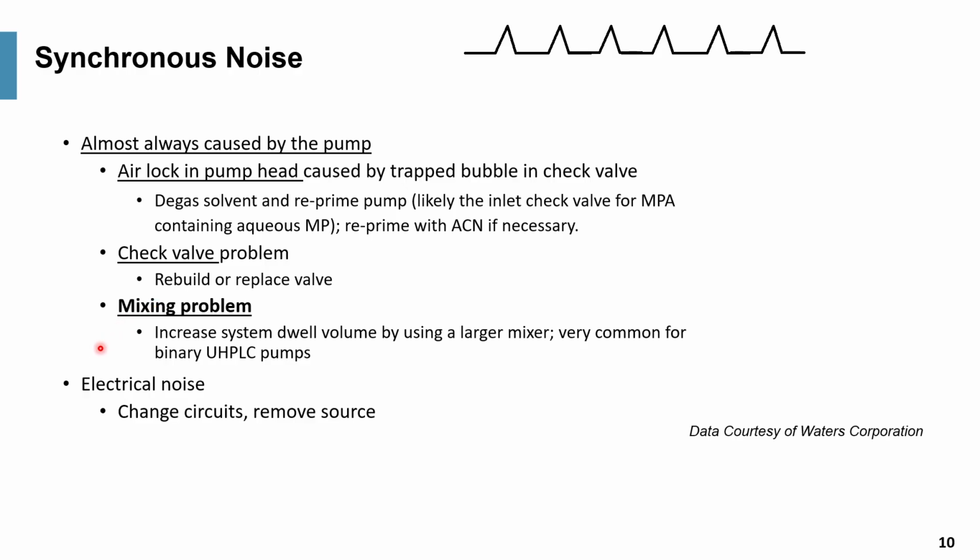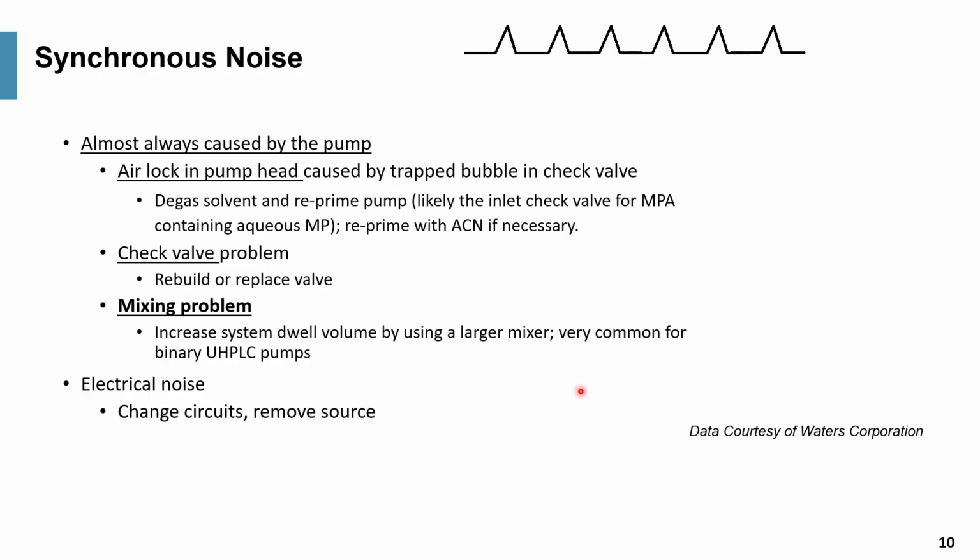More so, particularly with UHPLC, more frequent with the binary pump. If you use a mixer which is too small, and you're trying to mix two components which might have some chromophoric property, then you have this type of situation, asynchronous noise, which is synchronous to one of the pumps, most likely pump B, and increasing the dwell volume of the mixer would generally fix the problem.